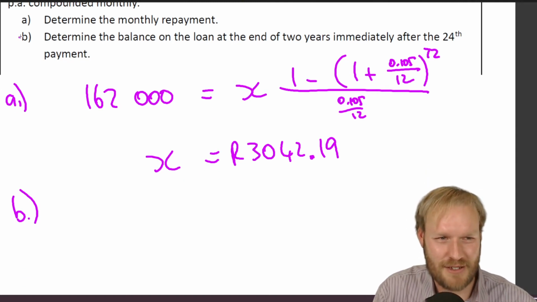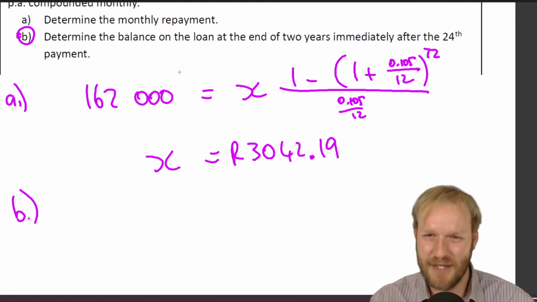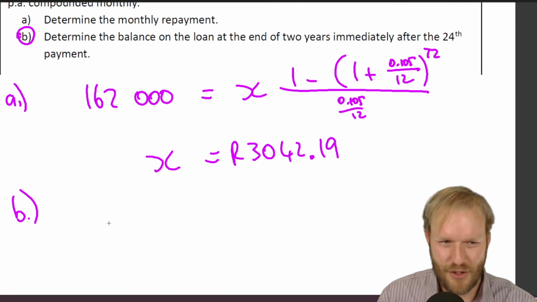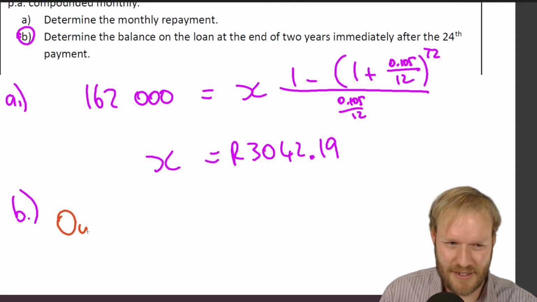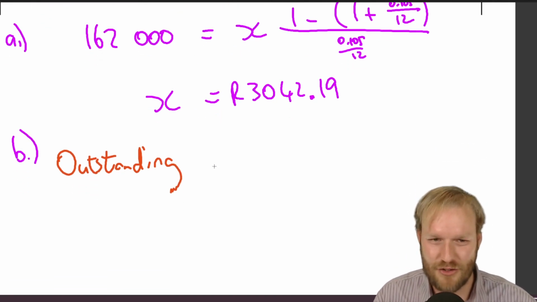Now, part B asks us to determine the balance of the loan at the end of 2 years, immediately after the 24th payment. So in other words, n is 24. Our outstanding balance: I'm writing quite big, so I'll have to write this over 2 lines.